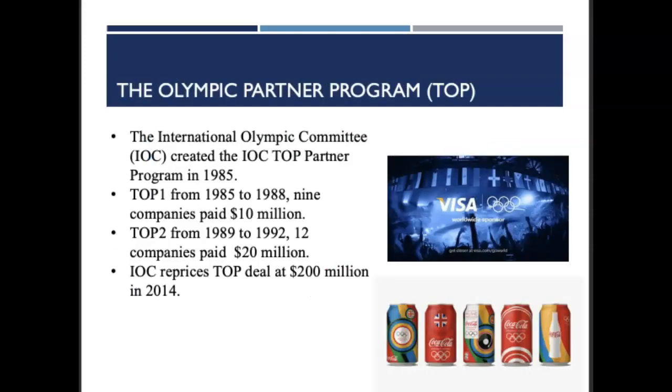When we look at the Olympics, they call it the TOP program. The TOP program started in 1984. A little background about the Olympic Games: the 1984 Olympic Games took place in Los Angeles.